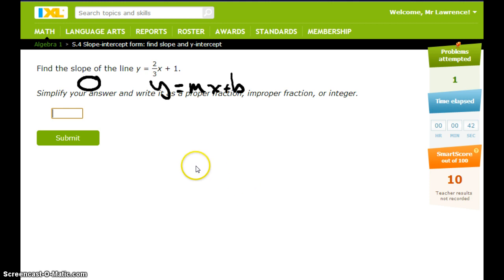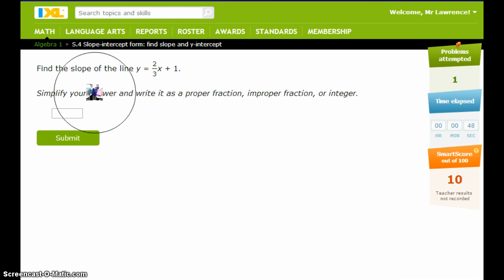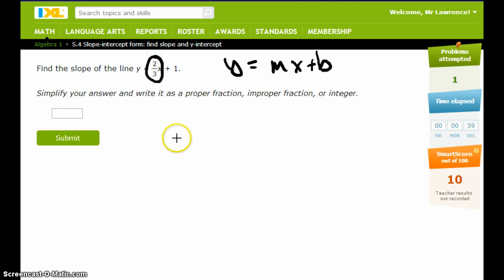Okay. Find the slope of the line y equals 2/3 x plus 1. All right, well again, looking at y equals mx plus b, we now know that the coefficient is the slope. So my slope of this line is 2 over 3, 2 divided by 3.